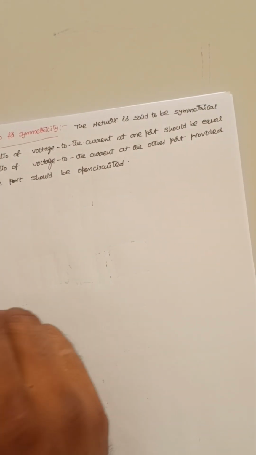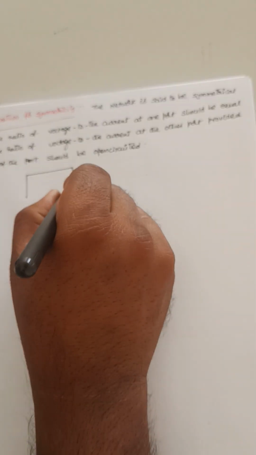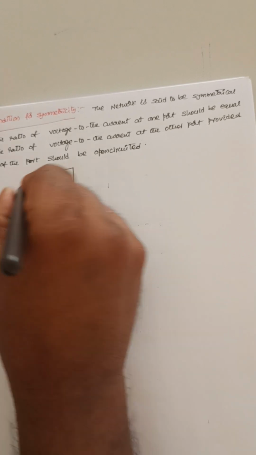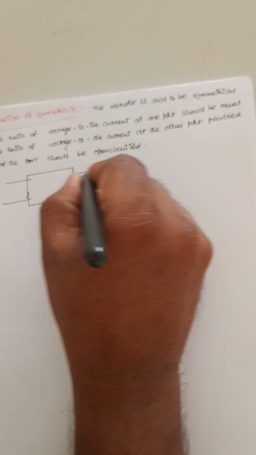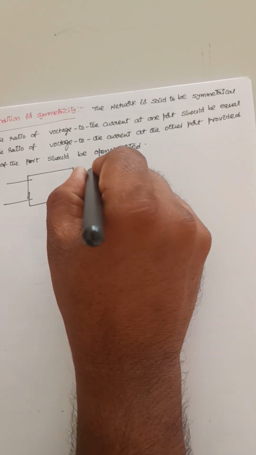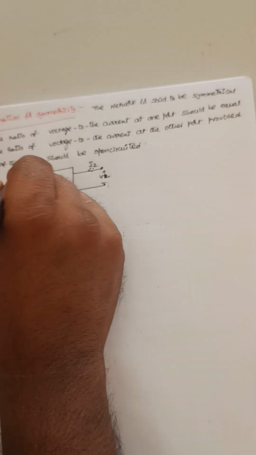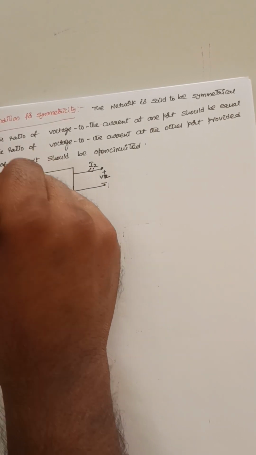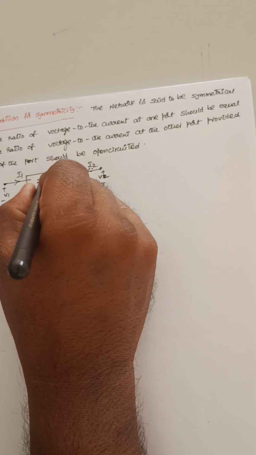So this is the condition for symmetricity. Let me explain with the diagram. This is the two-port network. This is V2, this is I2, this is I1, and this is V1. It is a two-port network.